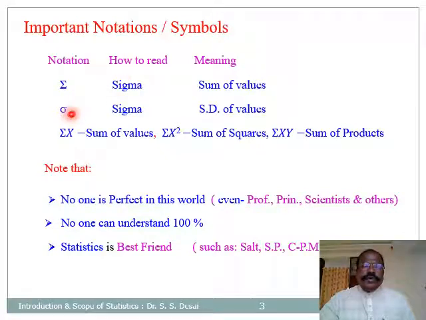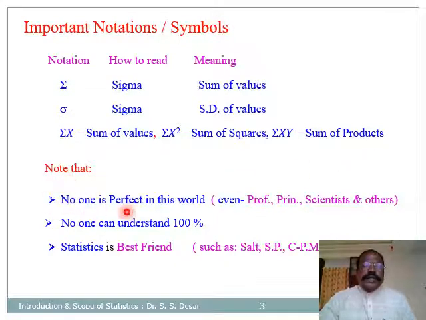Another notation is again sigma, which we denote by the notation sigma, and that is the standard deviation of values. So here summation of x denotes sum of values, summation of x square denotes sum of squares, and summation of x into y denotes sum of products.